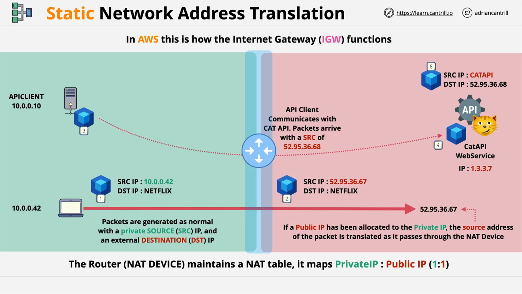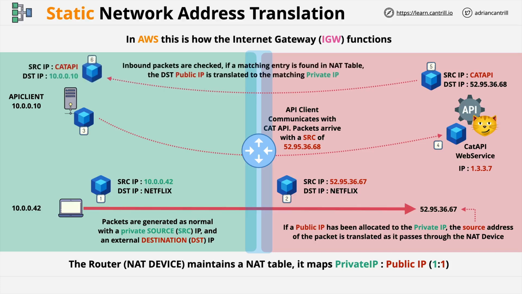So when this packet arrives at the NAT device, the NAT table is checked, it sees the allocation is for the server on the top left, and so this time for incoming traffic, the destination IP address is updated to the corresponding private IP address, and then the packet is forwarded through to the private server.